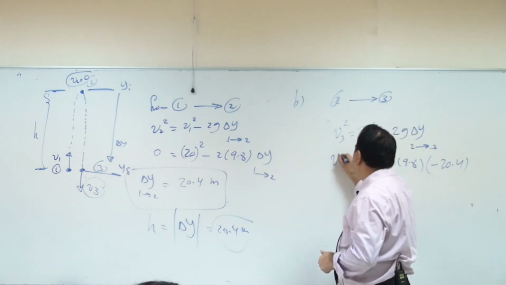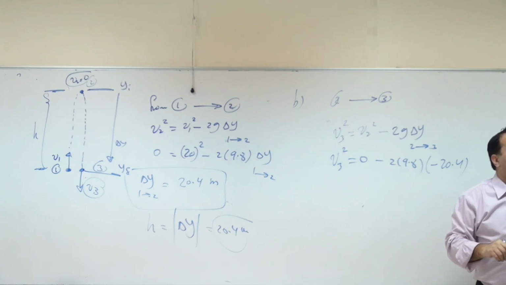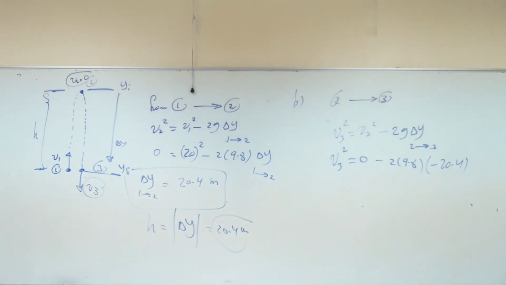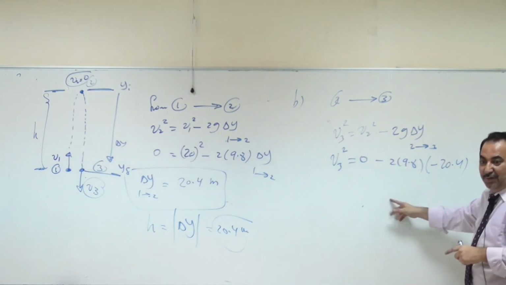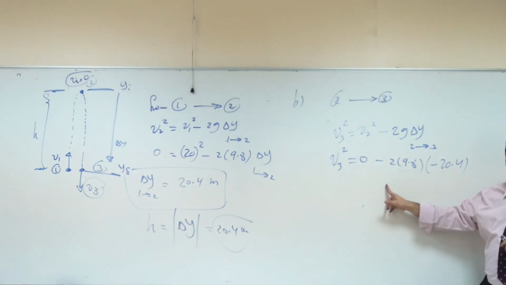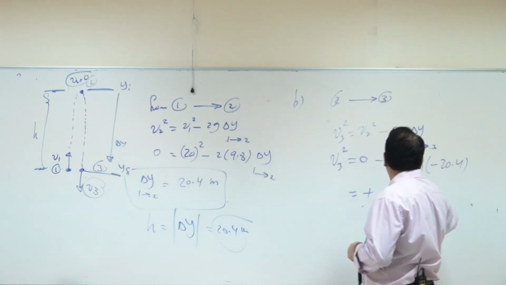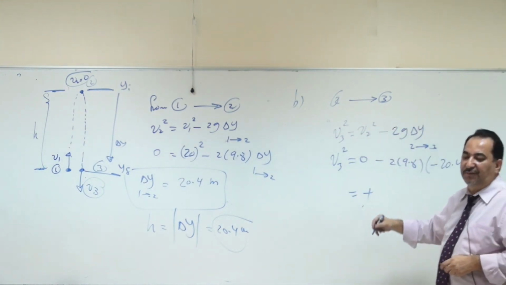You'll have V3 square equal negative. And square never negative. Impossible. You can't have square something and it gives you negative. It means you did something wrong. You missed this minus. But now if you have minus, minus, plus becomes square, yeah? Now what's the value? 2 by this, it gives you V3.